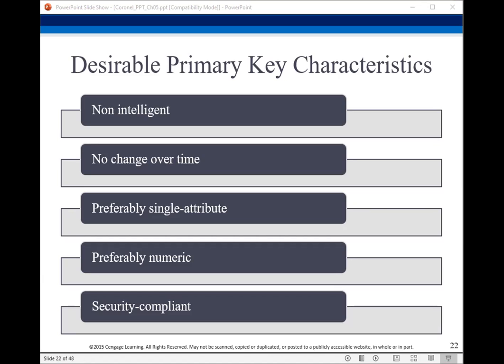It's preferable to have a single attribute as your primary key. Primary key should have a minimum number of attributes possible. Single key attributes are desirable, but they're not required. They simplify implementation of foreign keys. It's preferably numeric.